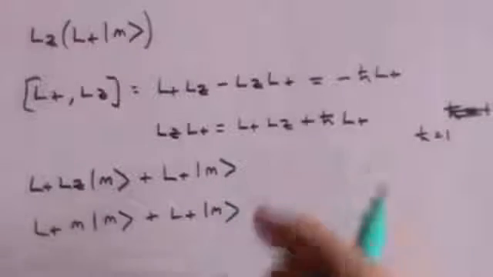And what I want to know is, what is that? Well, when Lz acts on m, it simply gives me back the eigenvalue m. Lz on m gives me m on m. So this is now just L plus times m on m plus L plus m. m, of course, is just a number that can come on the outside.